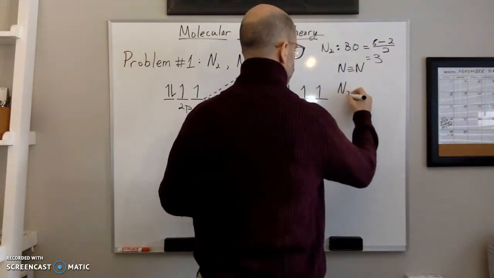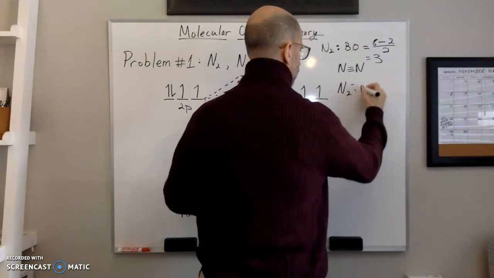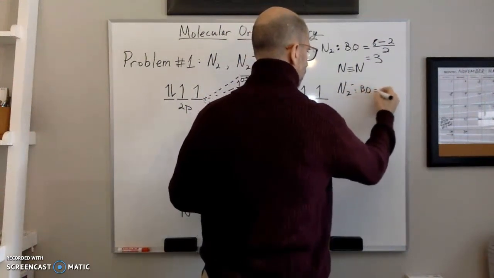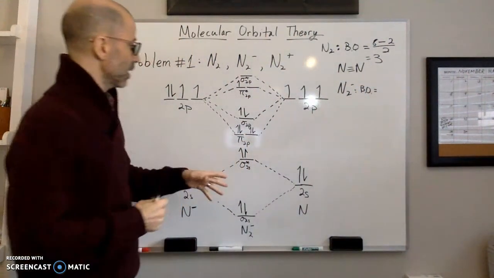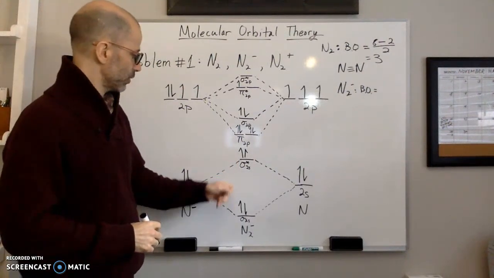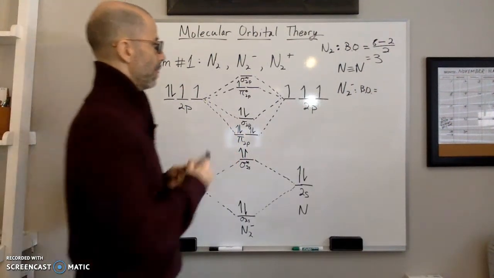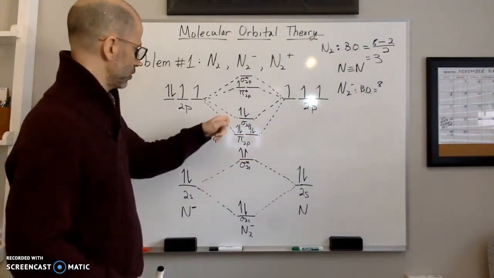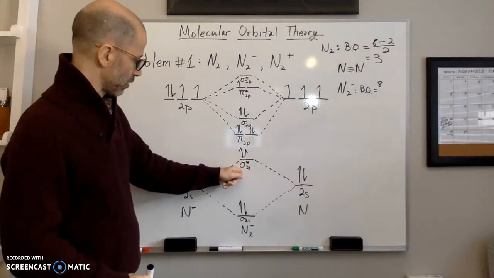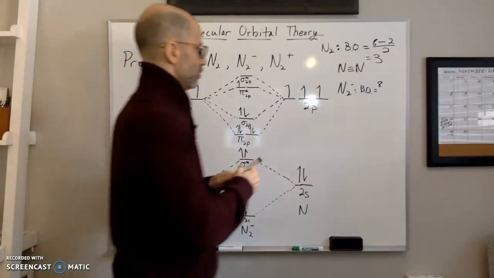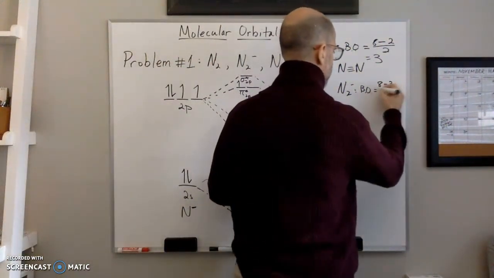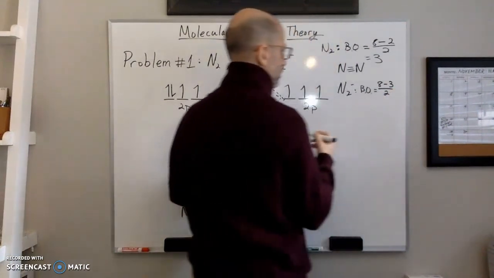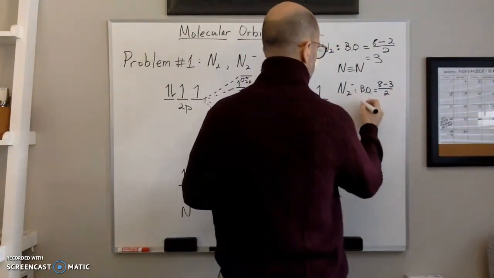And so now we can do the calculation. N2 minus bond order is going to be equal to, again, the same number of bonding electrons, which is 8. Then we have 2 in the antibonding here and 1 here, so that's 3. So 8 minus 3, divided by 2, is going to be 2.5.